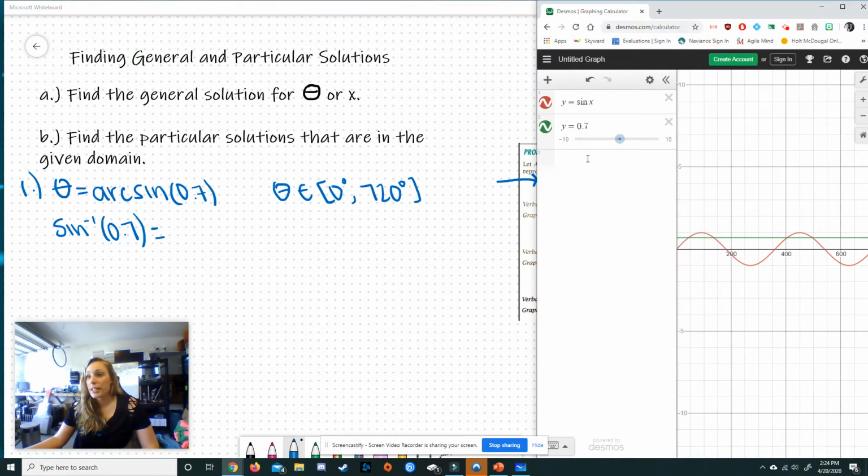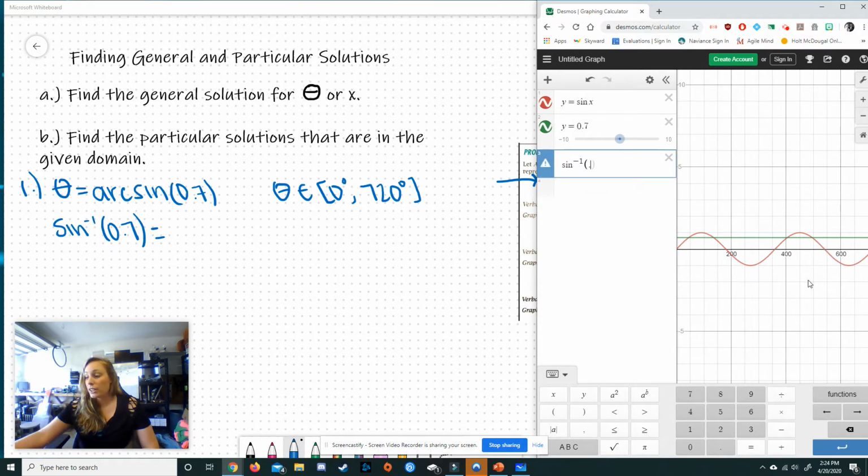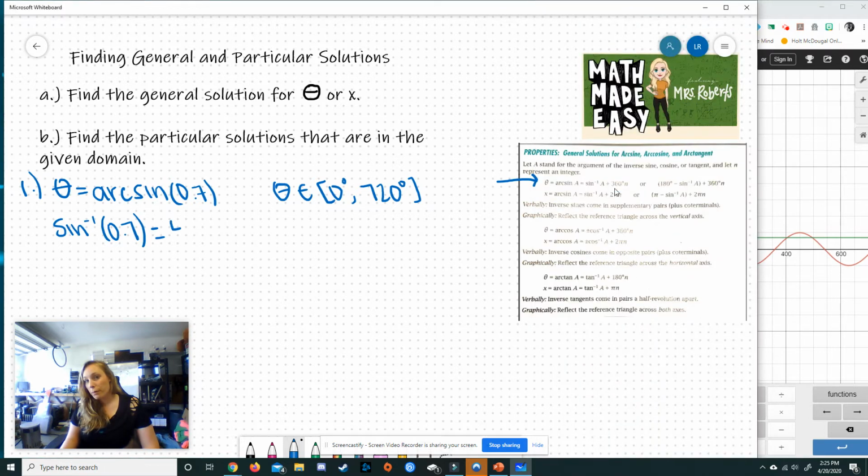Let's go to our Desmos. To find the inverse sine, click this button, hit Functions, and then you'll see the inverse sine. Then you can type in 0.7, and it gives us 44.4 degrees. And then what this equation is telling us to do is add 360 degrees n.